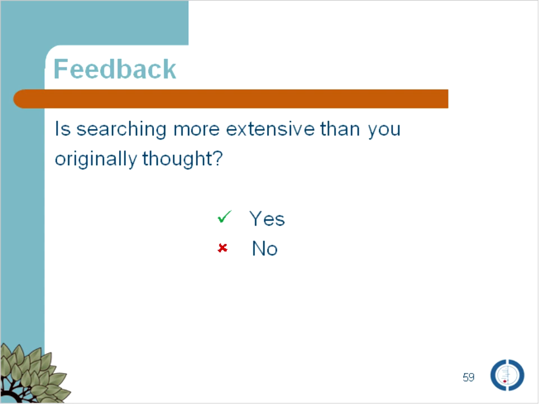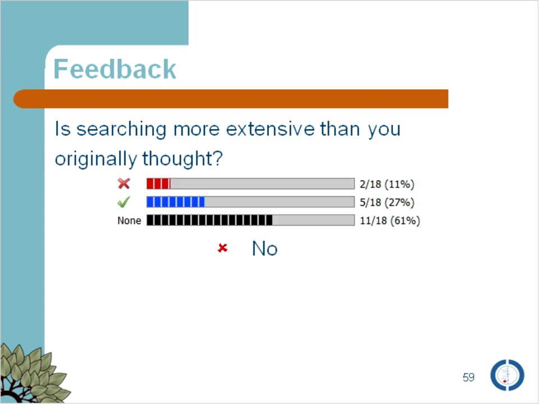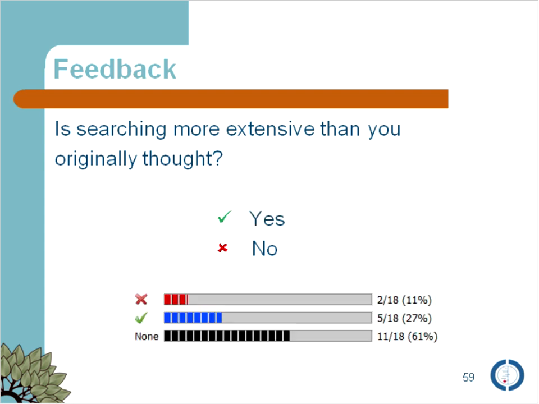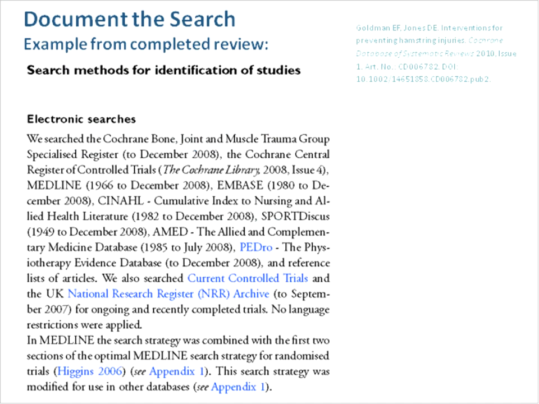Okay, so just allow you another minute to cast your vote. Okay, so we've had a few people vote, and so some of you, yes, are pretty familiar with comprehensive systematic searching for looking for studies and trials, but some of you weren't, so that's great. I'm glad that this session has been informative.